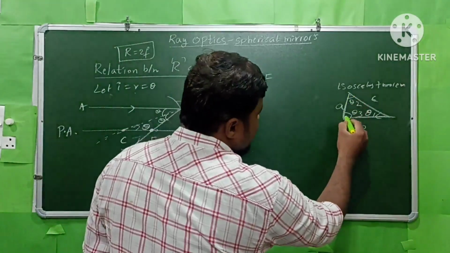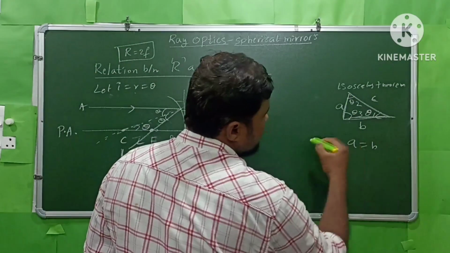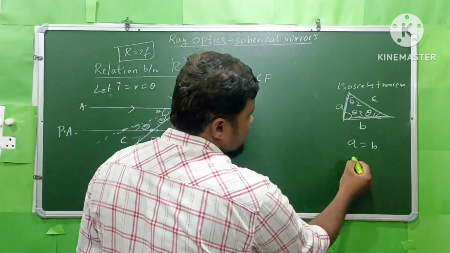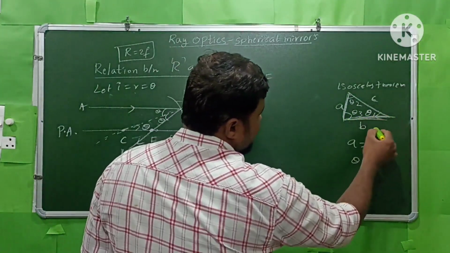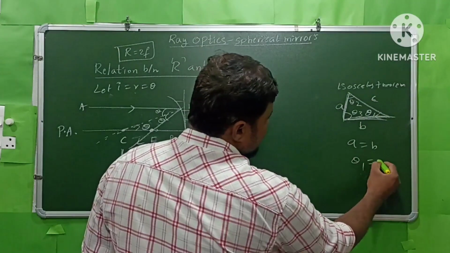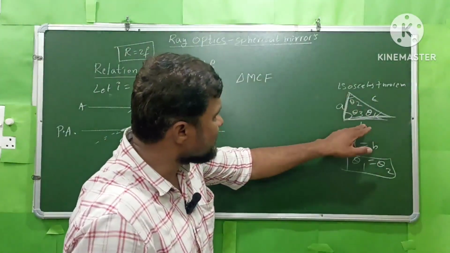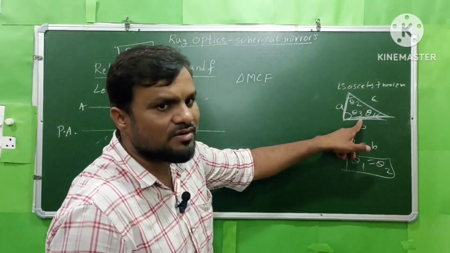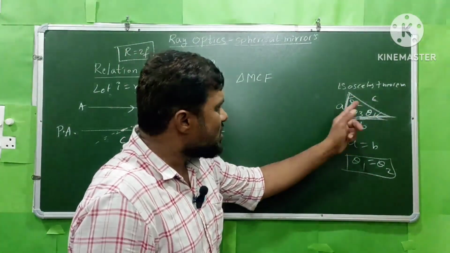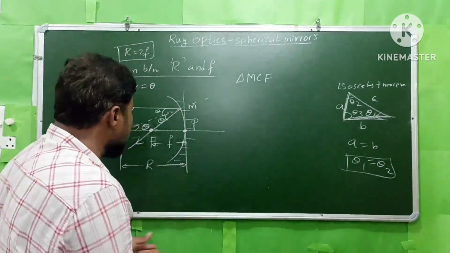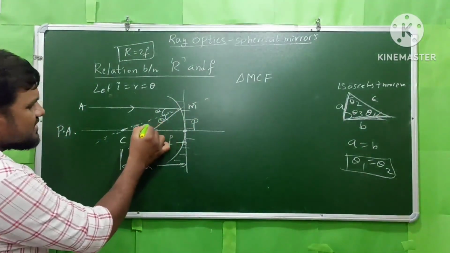Suppose sides A and B are equal, A is equal to B. For side A the opposite angle is theta 1, for side B the opposite angle is theta 2. So we can write like this. Why? Because two sides are equal. Whenever in a triangle two sides are equal, then angles opposite them also have to be equal, and vice versa. Here this theta and this theta remain the same.